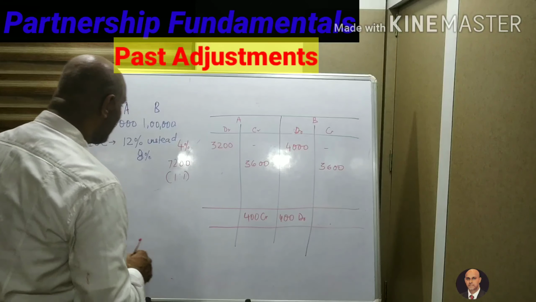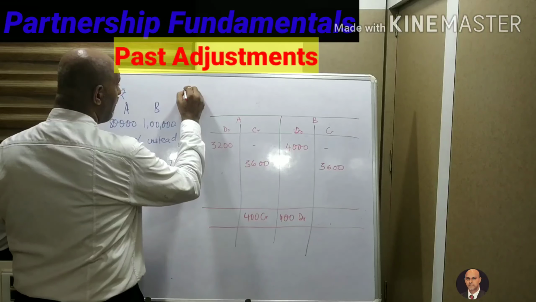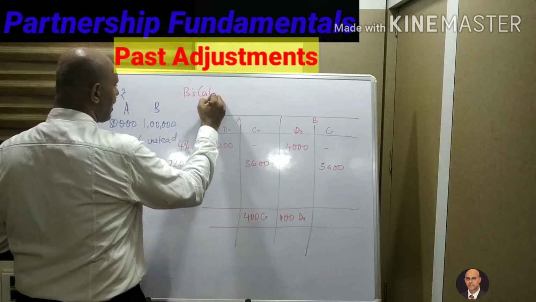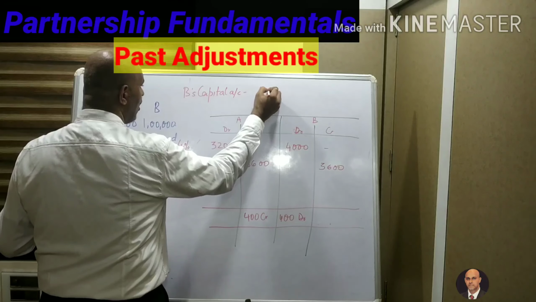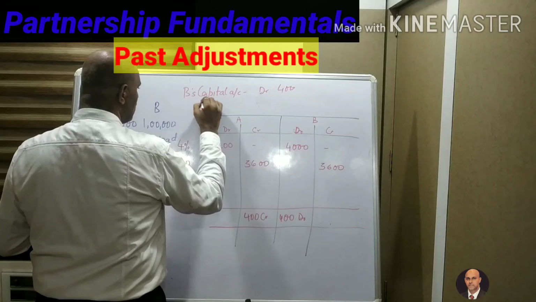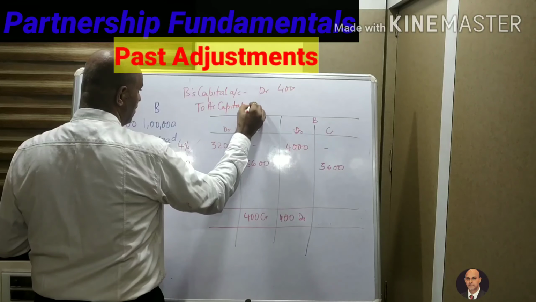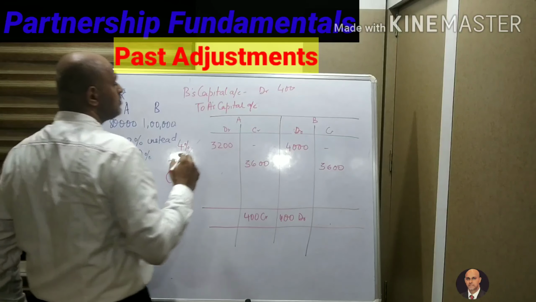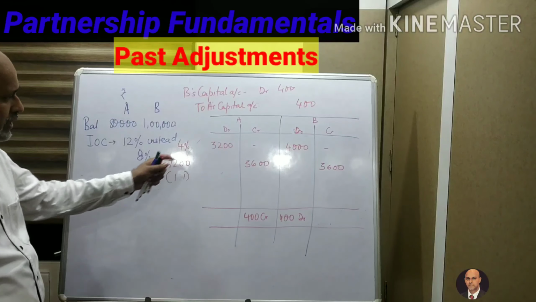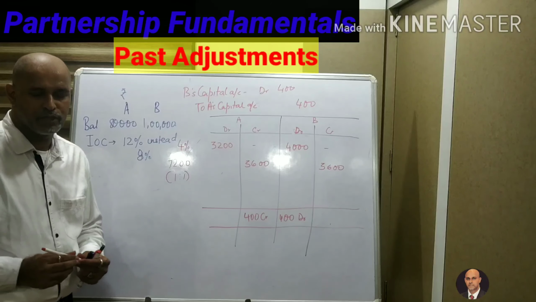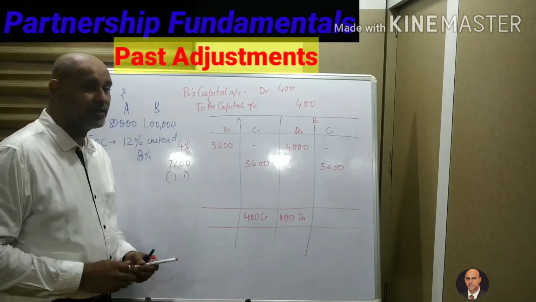We pass the adjusting entry, and the adjusting entry in this case would be B's capital account debit $400 to A's capital $400. And of course, children, I remind you again that you always follow up the journal entries with the narration.